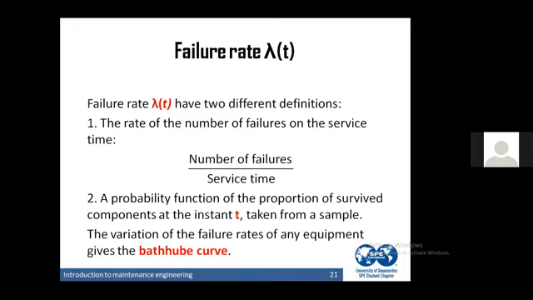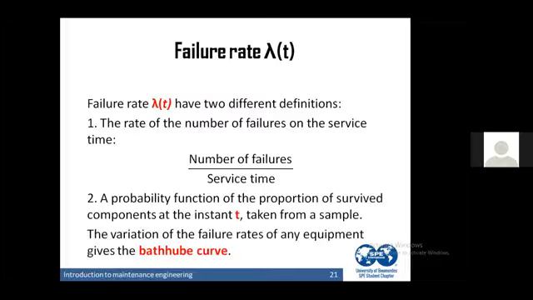The failure rate has two different definitions. The first is related to the services, a general definition that we can understand directly from the name of failure rate, which is the number of failures of the service.